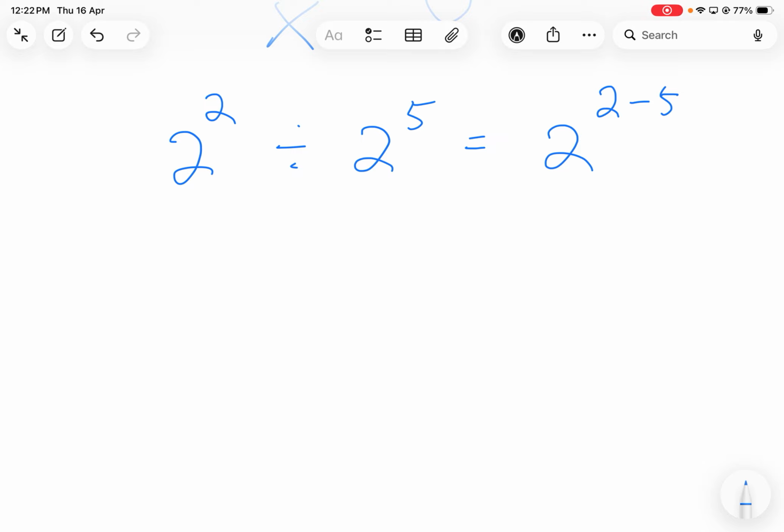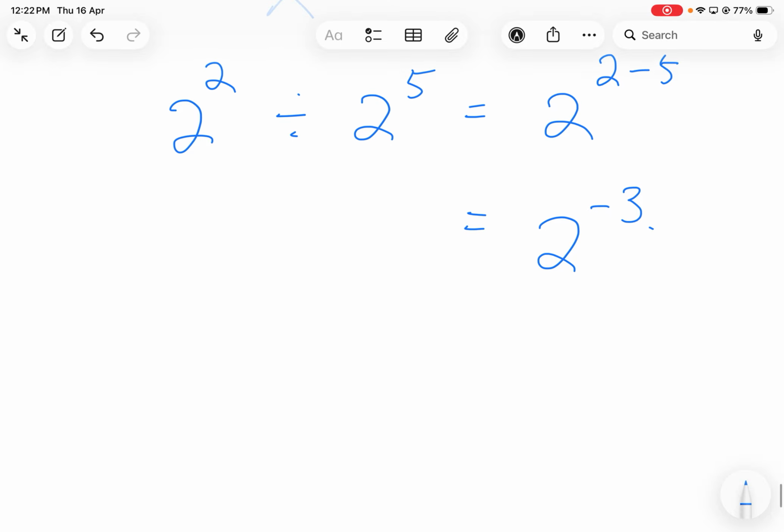Listen first. If I take 2 square divided by 2 to the power of 5, I am just going to minus the index. So the index can be a negative number. 2 minus 5 is a negative number.